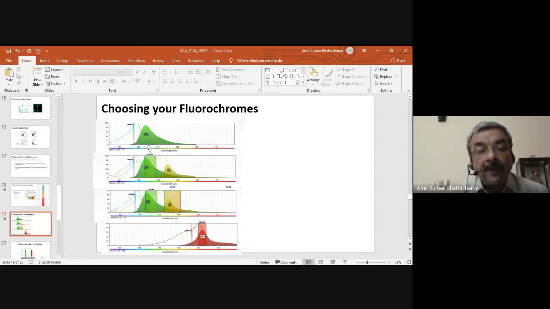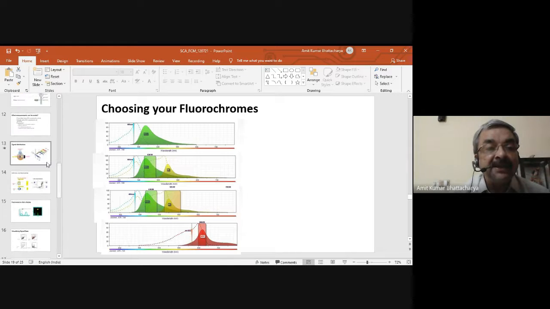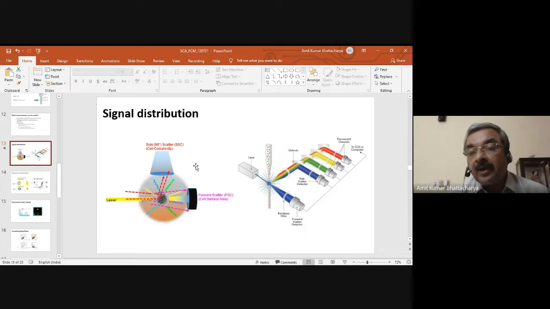And if I go back to one of the previous slides, in this figure, you see this particular detector is detecting green light. How is just green light passing through?